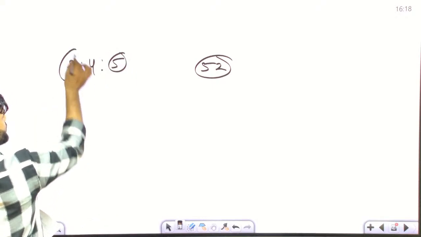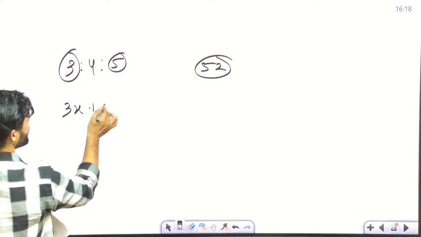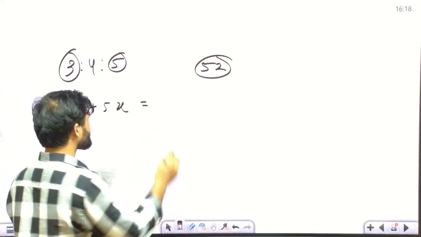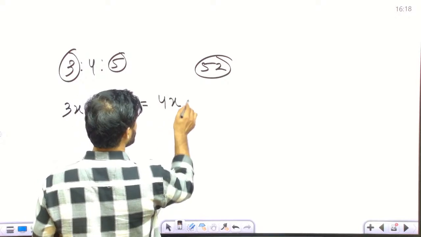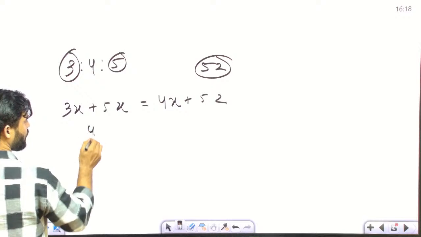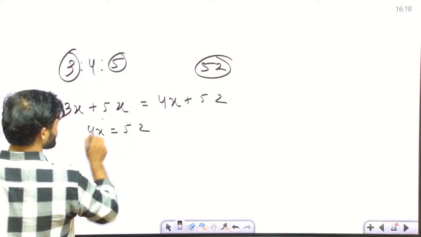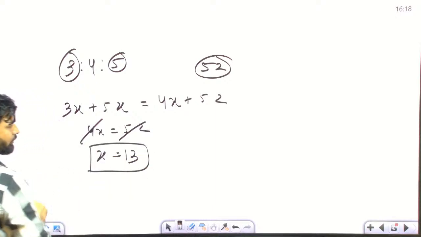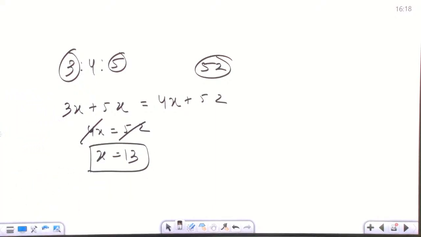It means 3x plus 5x equals the second, which is 4x, plus 52. So this is 8x minus 4x, so 4x equals 52. The value of x is 13.